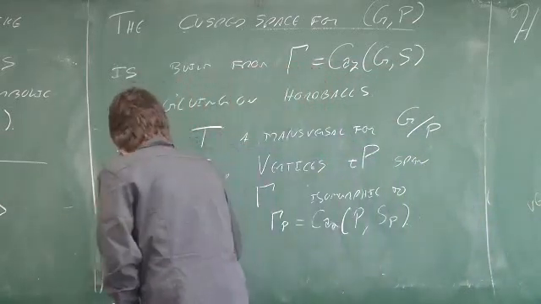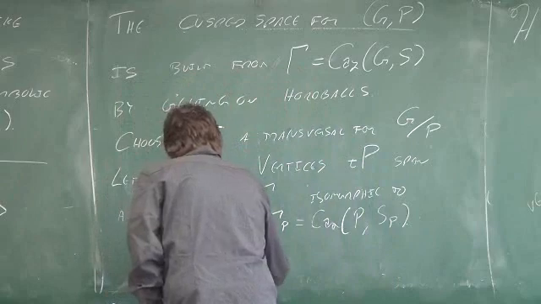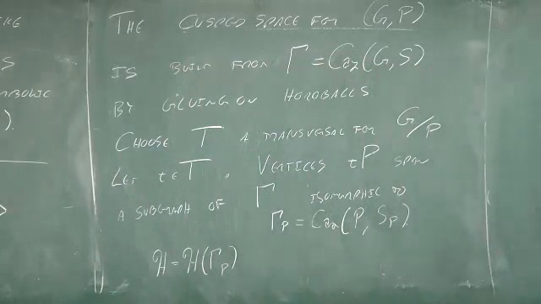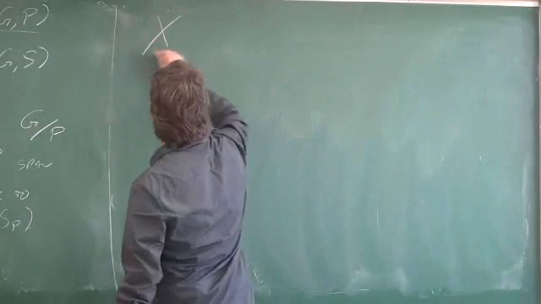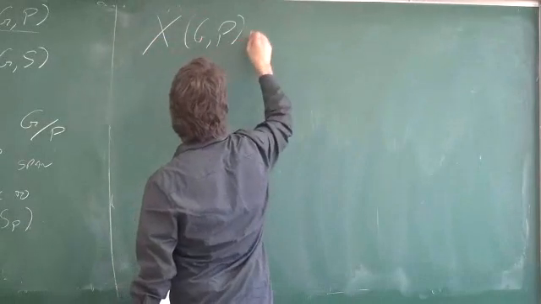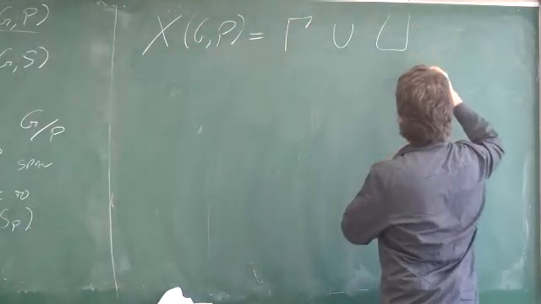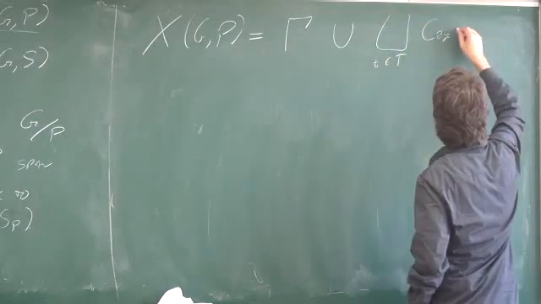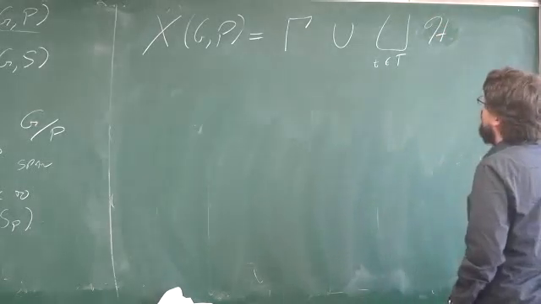And so I can let H be equal to H of gamma sub P. And now I want to glue a copy of that onto every left coset of P. So X of (G, P) is defined to be, I'm going to take gamma union, sort of this disjoint union over T of a bunch of copies of the horoball H of gamma sub P. And what is the map going to be?